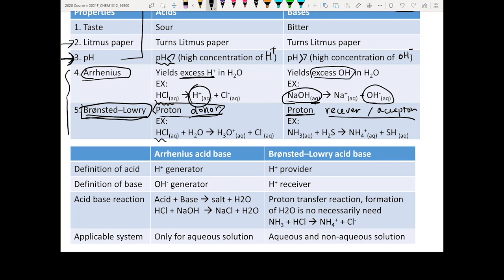For example, if you have HCl plus H2O, and then you produce H3O+ and Cl-. In this case, you can see your HCl becomes Cl-. It means it gives out a proton, so this is a proton donor. Therefore, we say HCl is an acid.